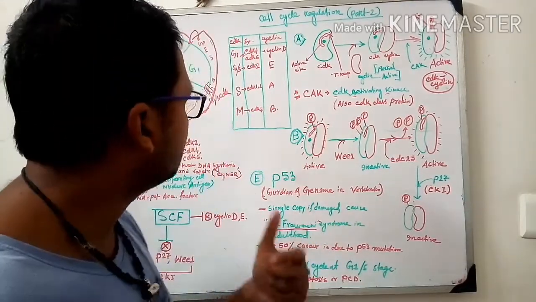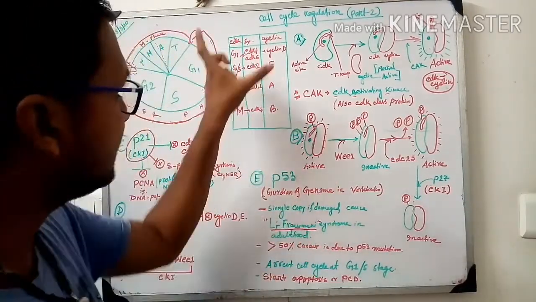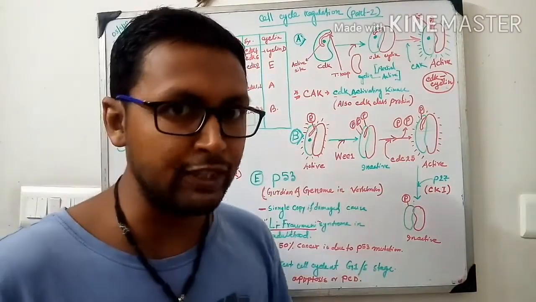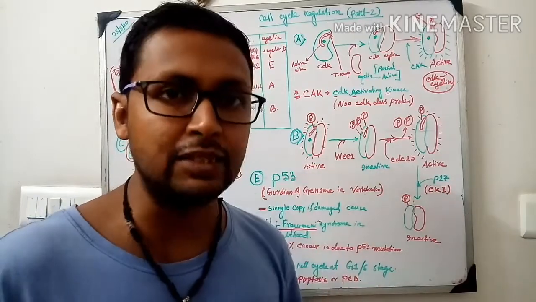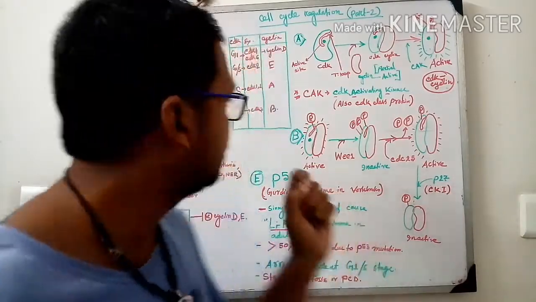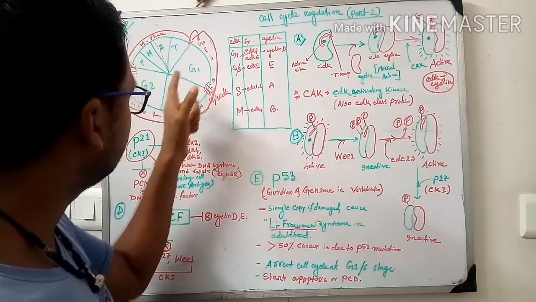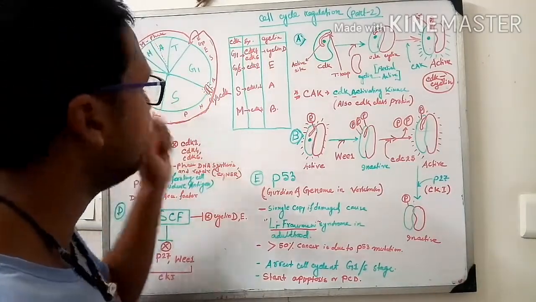I also mentioned in the previous video this chart, showing in which phase of the cell cycle the different regulatory proteins are present: G1 phase, S phase, G2 phase, and M phase.